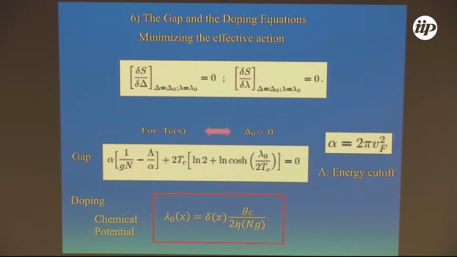And then, of course, you can do a small x expansion. So the gap equation gives this, and when I impose delta equal to 0, I'm having Tc of x. So this is equal to C. Now this lambda 0 is given by this. I'll show you what is eta and what is Gc.